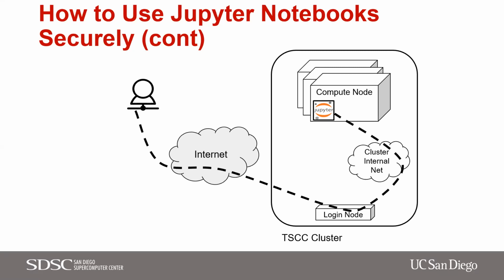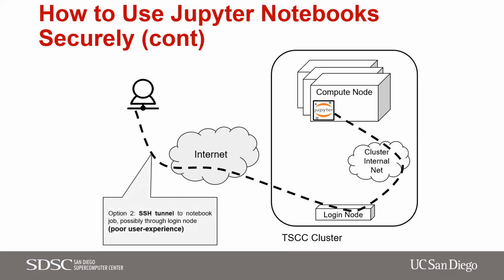And the prevailing wisdom for this task is to use an SSH tunnel. And you tunnel from your client to the login node, and then the login node kind of opens a connection for you to the Jupyter notebook. It's a really poor user experience, and I don't want to talk about it because it hurts. I don't want to put anyone through that trouble.